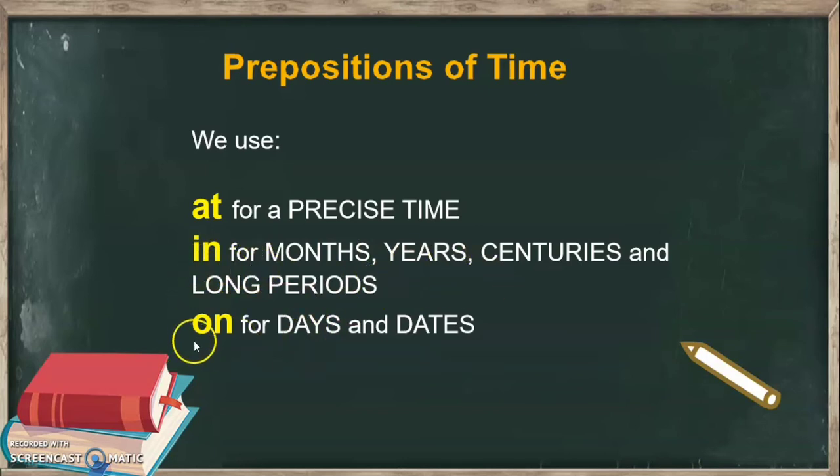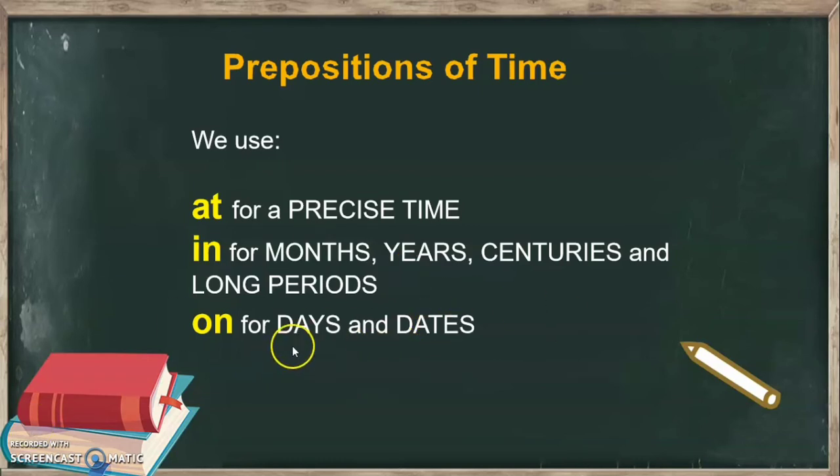Okay. On is for days and dates. So don't be confused with the months and dates. We say in June, but if it's a date, for example, today, let me look at my calendar. Today is March 24. So this is the date today, so I'm going to use the preposition on: on March 24, on April 1st.